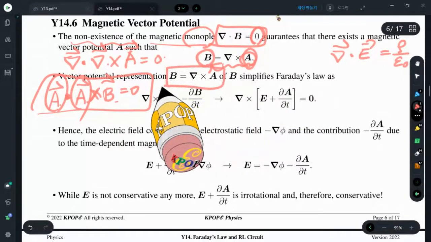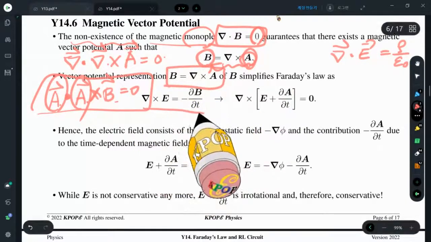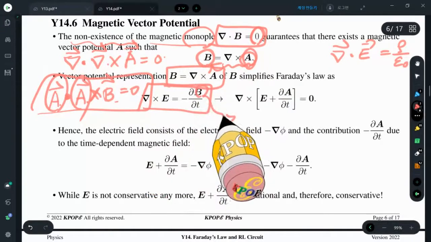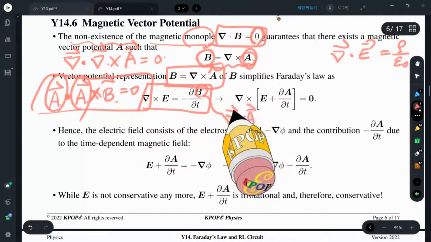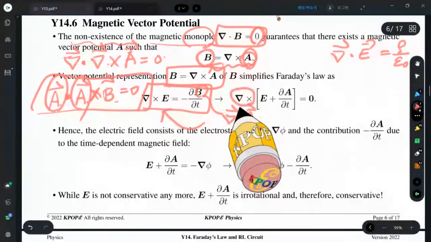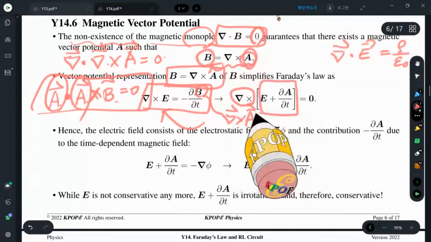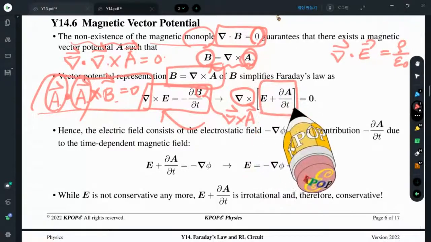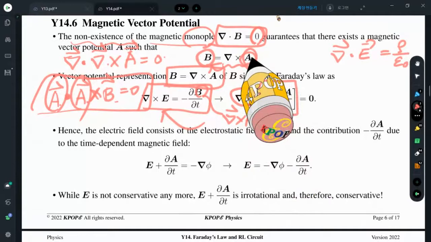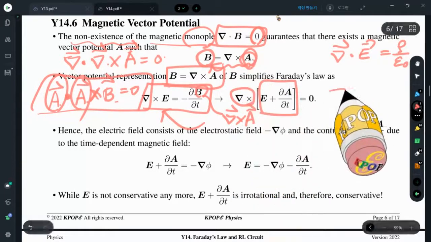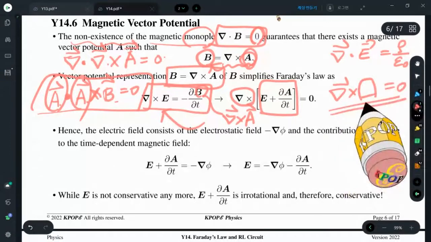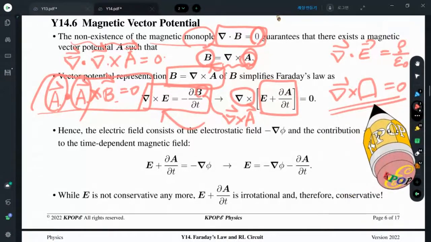If we can write B equals curl A, then why don't we make use of this, replace B by curl A, and move this term to the left-hand side. Then I can factor out the curl, and the remaining piece is the sum of the electric field and the time derivative of the magnetic vector potential. And the curl of something is 0. You know, this is conservative.